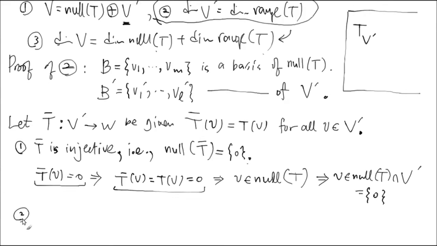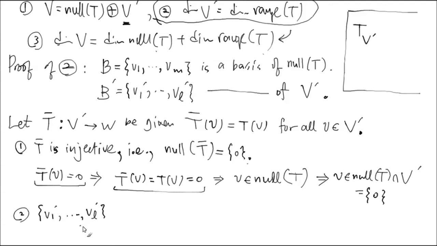As previously thought out in my thinking process, it's not that easy to organize like this. Anyway, so this is injective. Let me claim that V1 prime, does anybody remember what these were, V1 prime to VL prime? These were a basis of V prime, right?